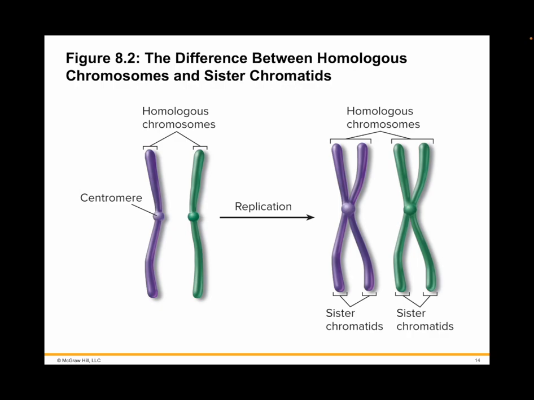The duplicated sister chromatids can make it confusing to count the number of chromosomes in an organism. But keep in mind that the number of centromeres doesn't increase with replication. So you can always determine the number of chromosomes by simply counting the centromeres. The centromere can be seen there in the center of the figure.